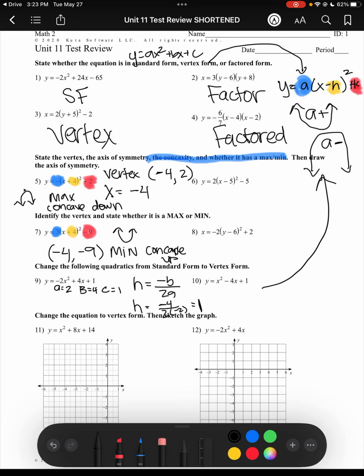You're going to take that 1 and plug it into the equation that we were given. So we started with negative 2. Everywhere there's an x, I plug in a 1 instead. You simplify that in a calculator and that gives you k. So in this case, k would be 3.